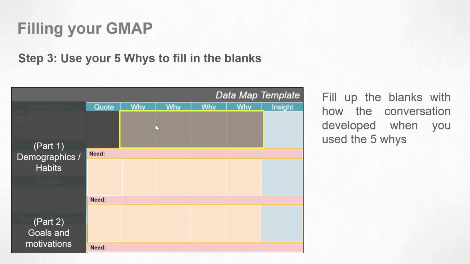So in the previous lessons, we talked about using the 5 whys to do the interview. So this is where it comes in handy. So if you had asked in depth or dug deep enough in your interview, you should not have too much of an issue filling these whys.